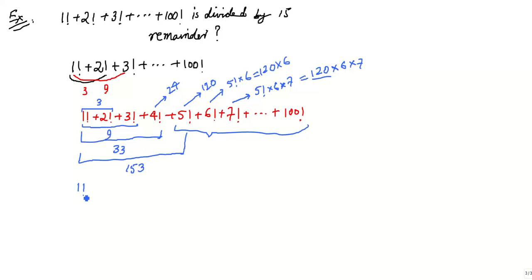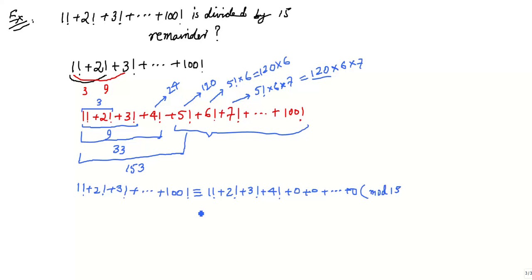So, it means whenever 1 factorial plus 2 factorial plus 3 factorial plus till 100 factorial is divided by 15, the remainder will be 1 factorial plus 2 factorial plus 3 factorial plus 4 factorial, but all the others are 0, because you are dividing by 15.